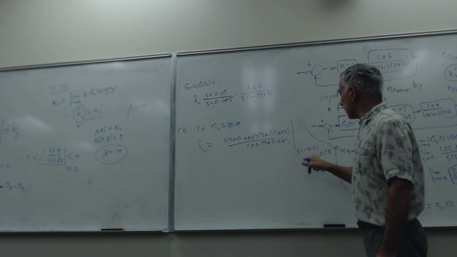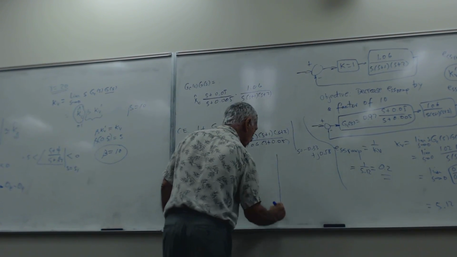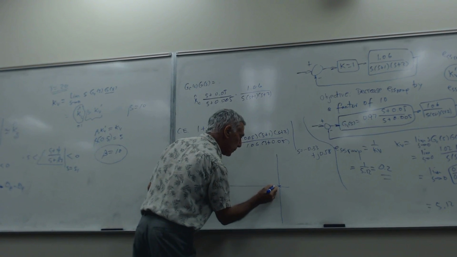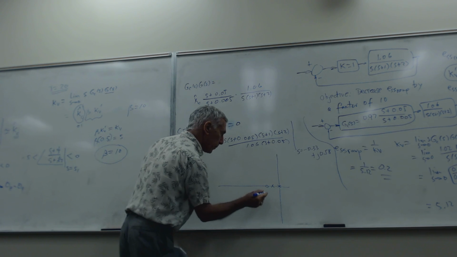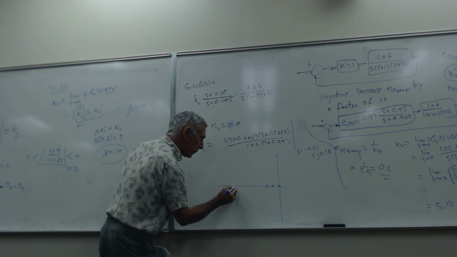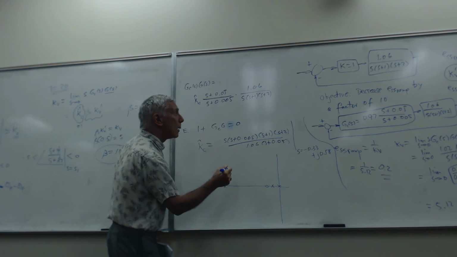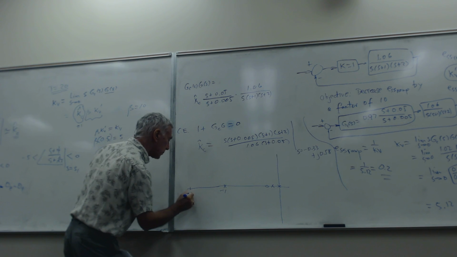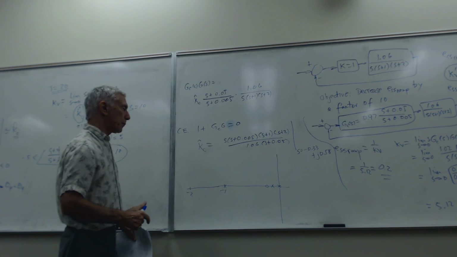But the main one, remember the root locus, what it looked like was a pole at the origin, another pole and a zero for the compensator, and then we had another pole out here at -1, and another one out here at -2.